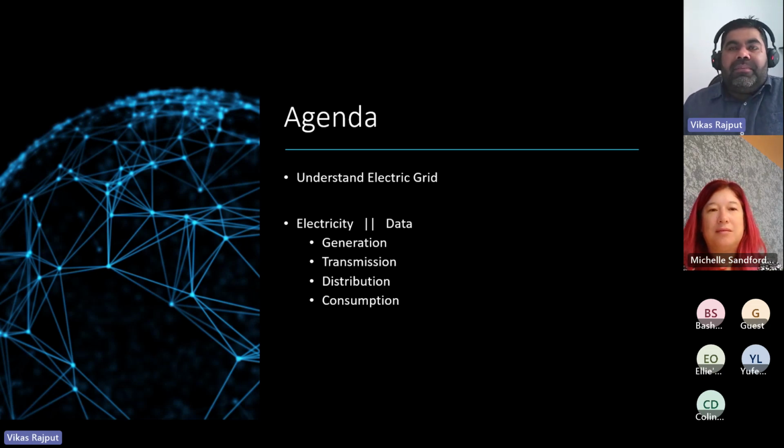In particular, with electricity, you generate it, you transmit it, you distribute it, and you consume it. And quite interestingly, similar patterns are visible when it comes to data as well, be it a data warehouse project, a content related project, or AI and machine learning. Some or all of these are part and parcel of the solution, generally speaking.